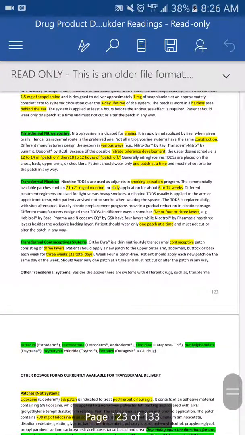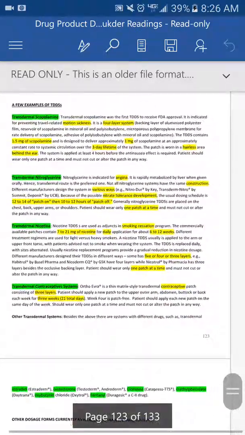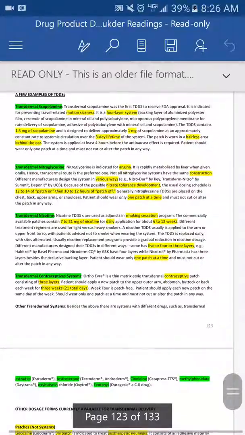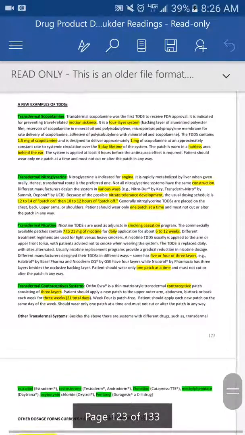It's designed to deliver 1 milligram of scopolamine, so you have more scopolamine than you need, and it's a consistent rate to systemic circulation over the 3-day lifetime. The patch is worn in the hairless area behind the ear, and is applied at least 4 hours before the anti-nausea effect is required. Patients should wear only 1 patch at a time, and must not cut or alter the patch in any way.